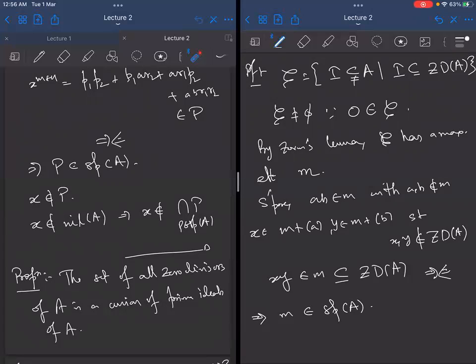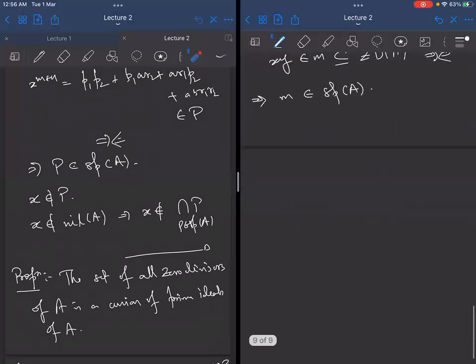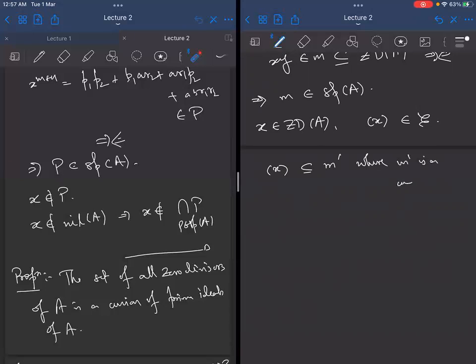This same argument works for every maximal element of C. So now if you take any zero divisor X, you take the ideal generated by it, then this belongs to C. Clearly every element of the ideal generated by X is a zero divisor, and hence this is contained in some maximal element of C. So X is contained in some M prime, where M prime is a maximal element of C.